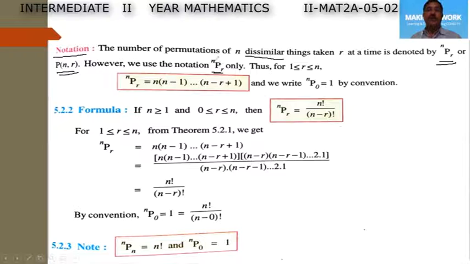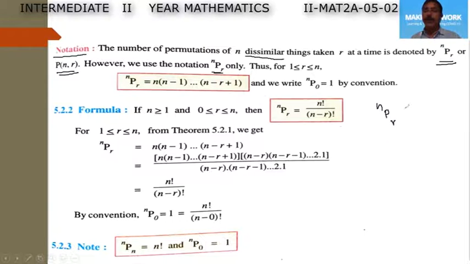This is denoted by nPr or P(n, r). We generally use this notation only in practice. nPr denotes the number of permutations that can be made from n different elements by taking r elements at a time.